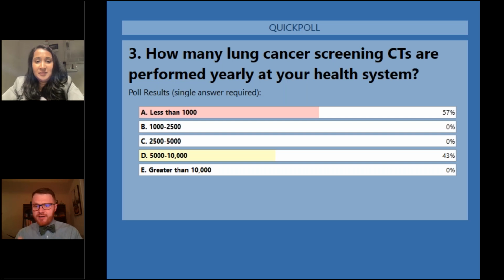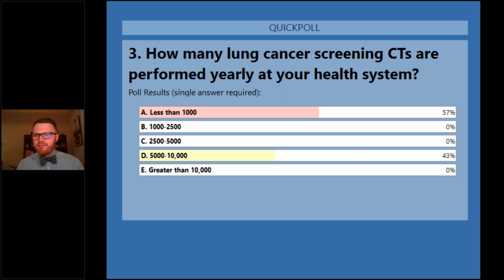All right, well, we got a big group. It's either less than 1,000 or in that 5 to 10 range. So if you guys have questions, if you want to chime in or ask us or type them in the box, I'm interested in the folks that are able to maintain such high volumes.